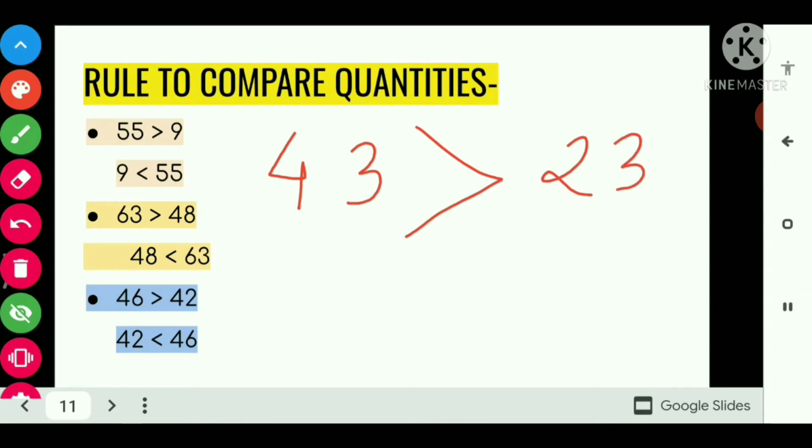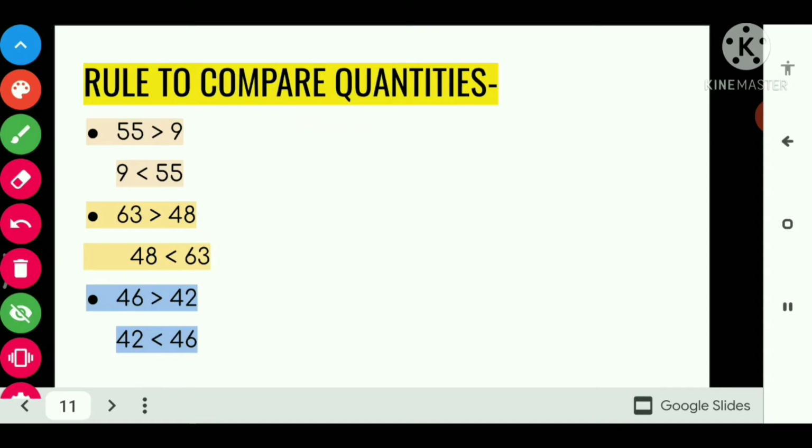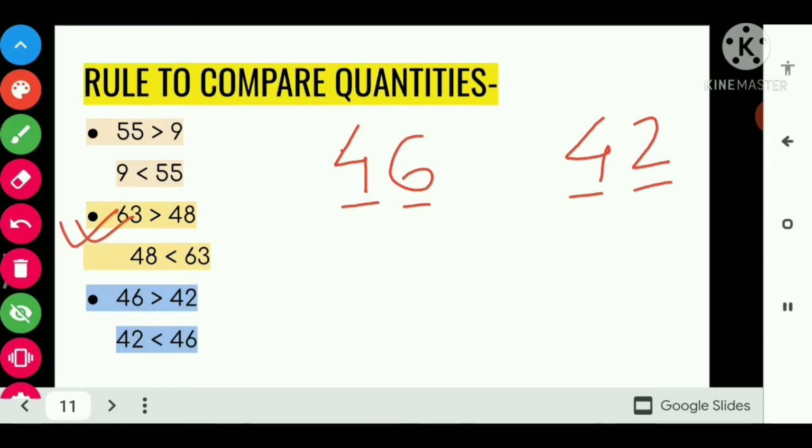So the second rule is that on the basis of the tens place, we can compare the quantities. Now the third rule. For example, 2-digit numbers 46 and 42. Both are 2-digit numbers. In the second rule, I already told you that in a 2-digit number we'll see the tens place. But here both have the same value, 4.